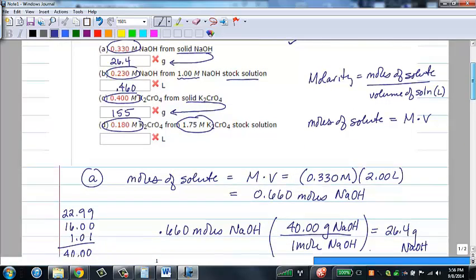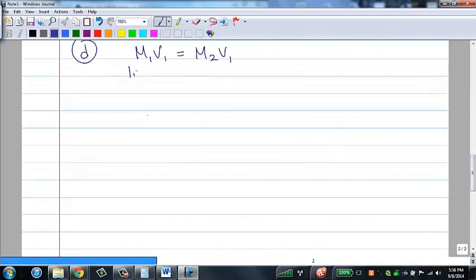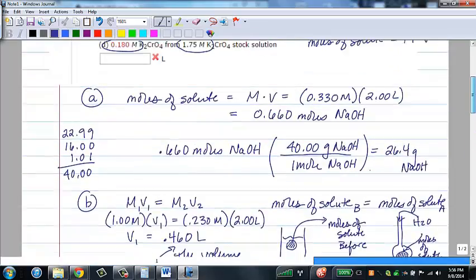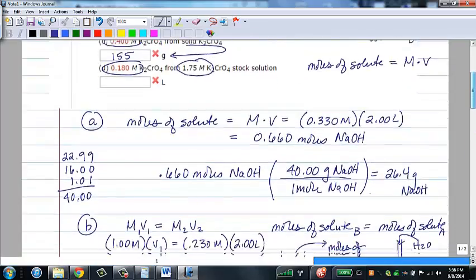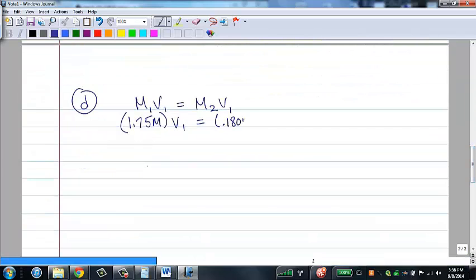The original solution has a concentration of 1.75 molar, so that's M1. We don't know how much of that we need to take, that's what we're solving for. The solution that we're making has a molarity of 0.180. We're going to make 2 liters of it.